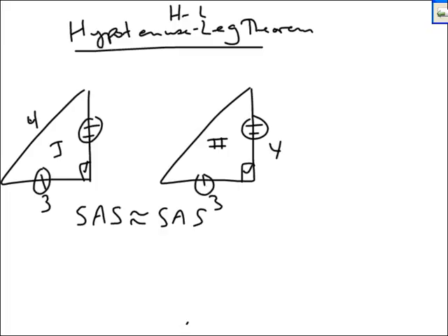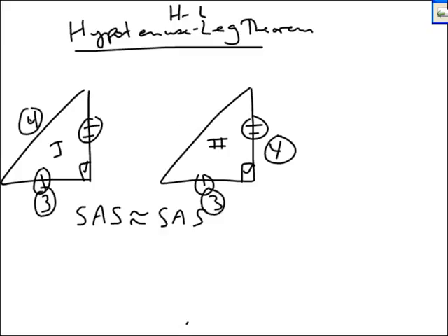No. You either have to use the hypotenuses. Okay, let me be really clear. These two are legs and they are equal. And this is a hypotenuse and a leg and they're equal. That's not good. Those two triangles are not congruent.